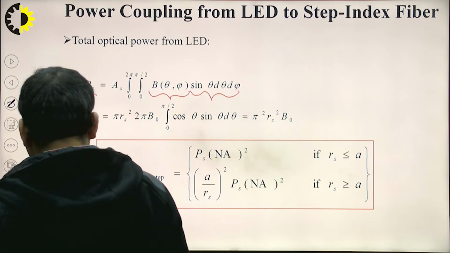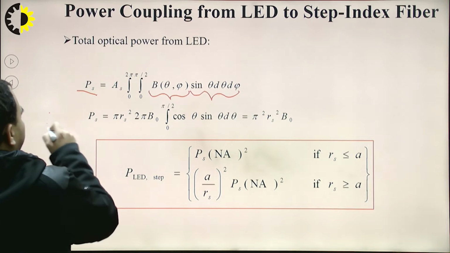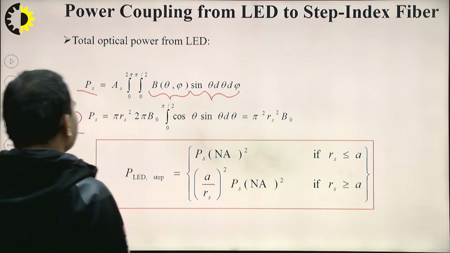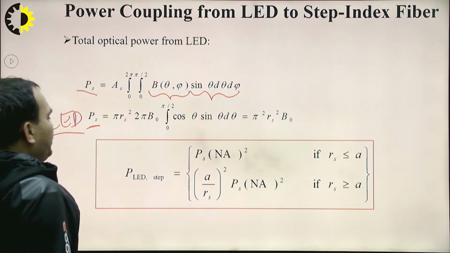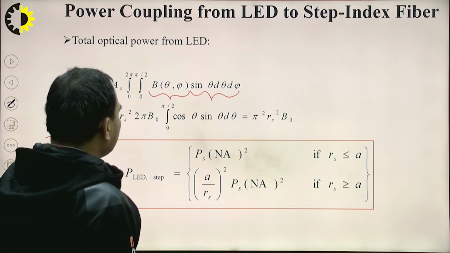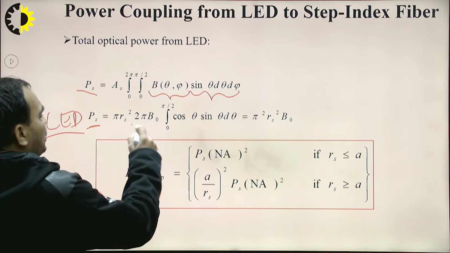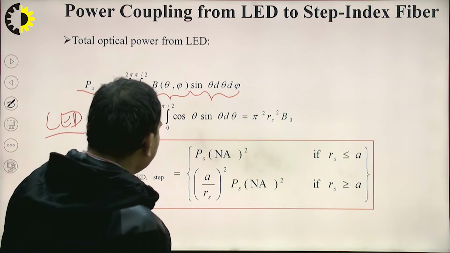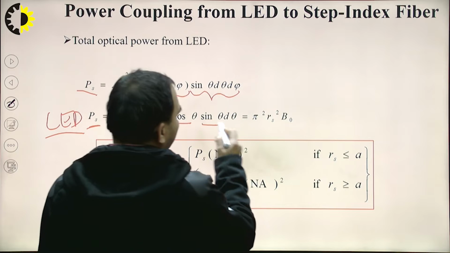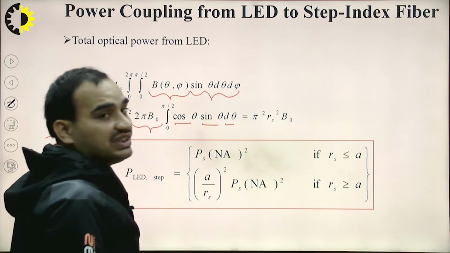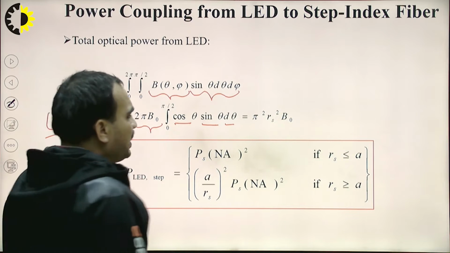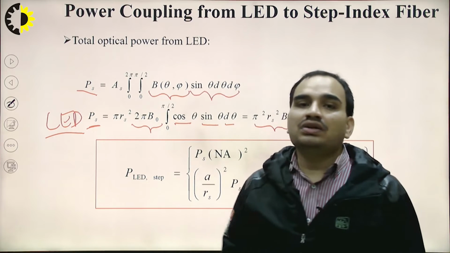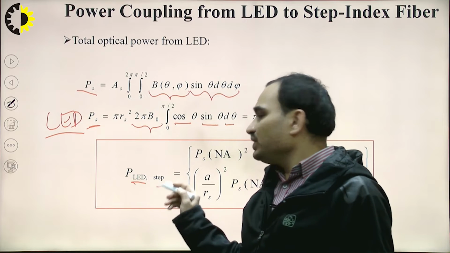So for the source, that is the LED, here we are considering the LED to the step index fiber. So the power emitted is PS equals pi r square 2 pi B naught, integrating from 0 to pi by 2, that is 90 degrees, cos theta, sin theta, d theta. So that equals pi square rs square B naught.